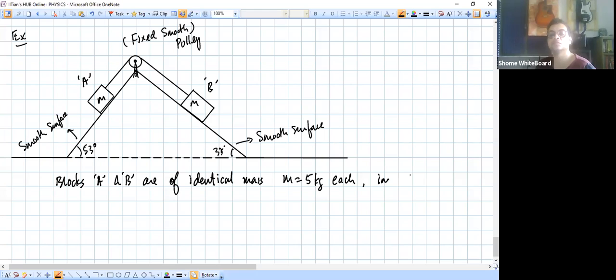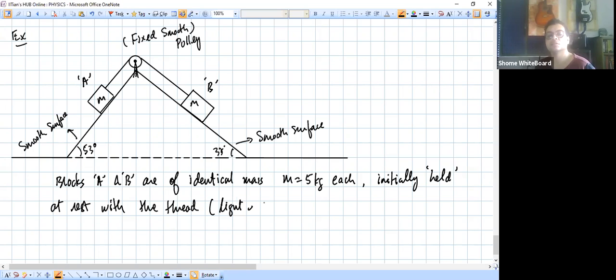Initially held at rest with the thread, which is light and inextensible, taut. Okay.